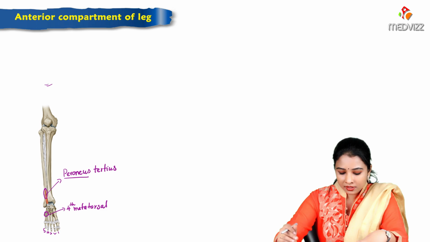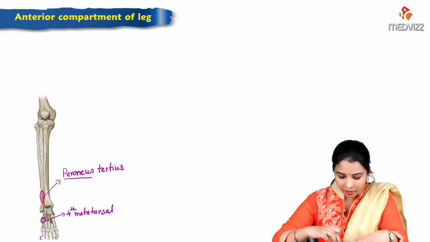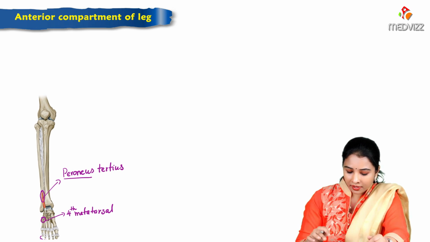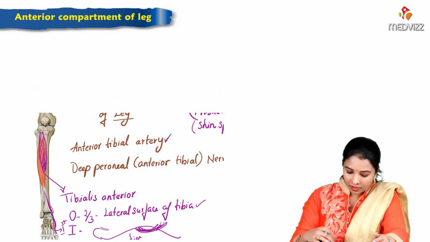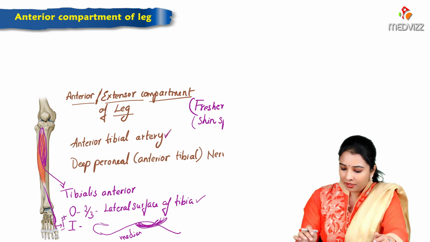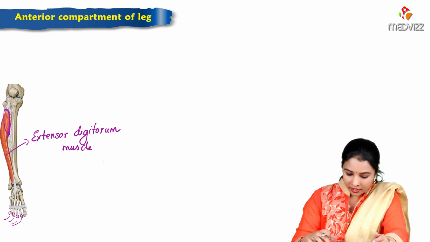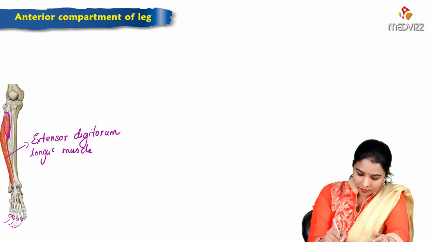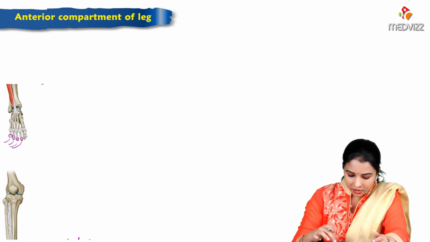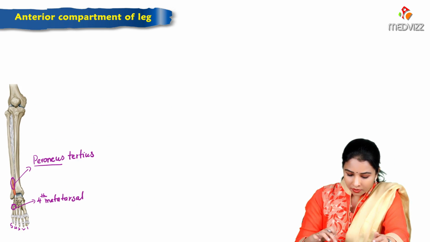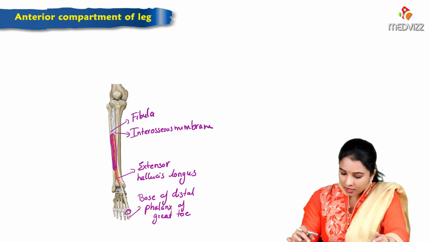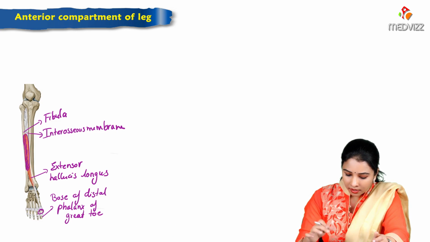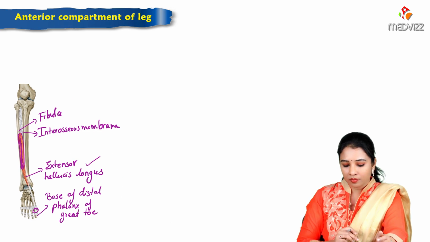So this completes the muscles in the anterior compartment. We have studied tibialis anterior and extensor digitorum longus muscle, which goes to all digits except the great toe, peroneus tertius, and extensor hallucis longus muscle.